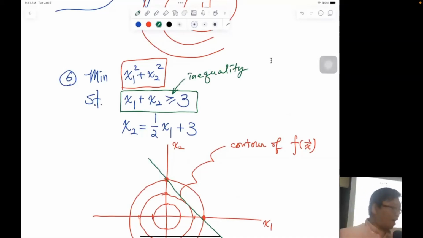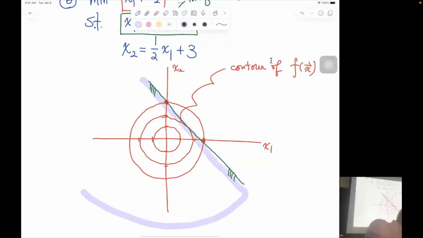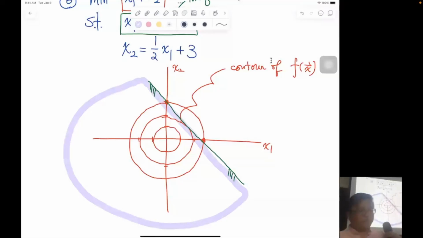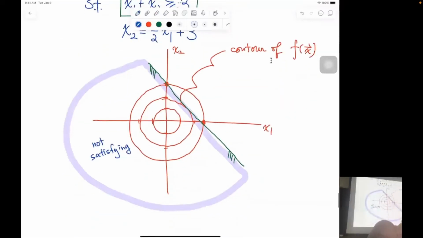The other half is not. So over here, the entire area over here is not satisfying x1 plus x2 greater than or equal to 3.